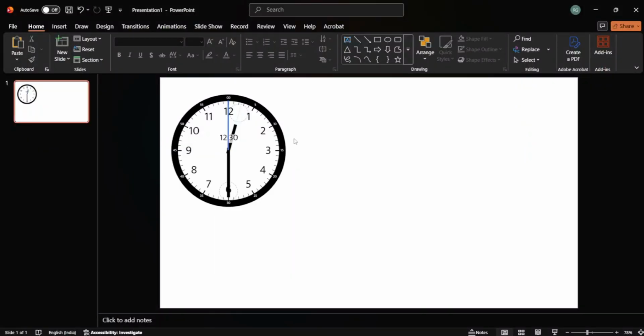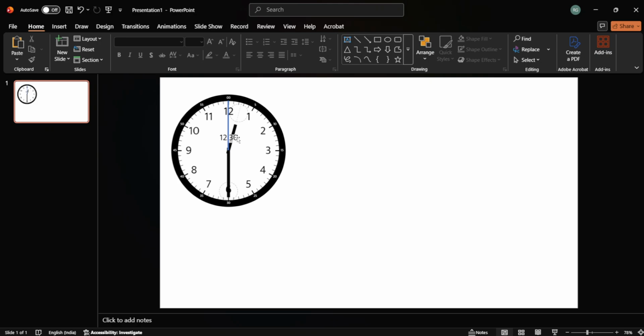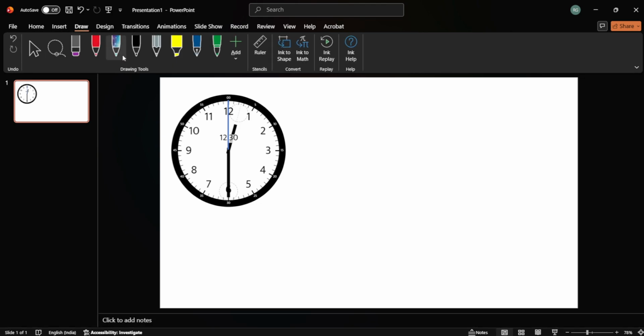This is the clock we have been given, and I have made this a baseline. I want to find the angle between these two hands, and we need to return the smaller one, that is this one.